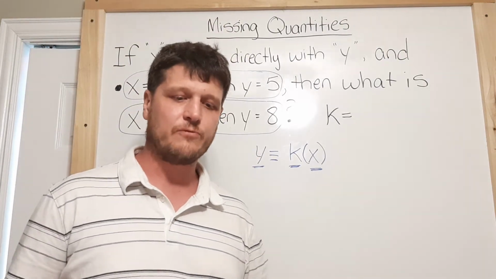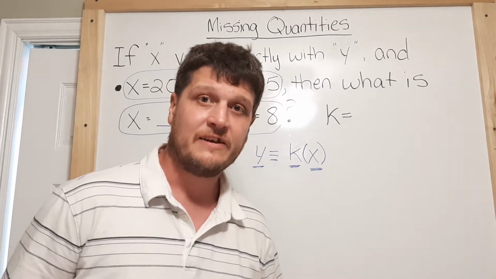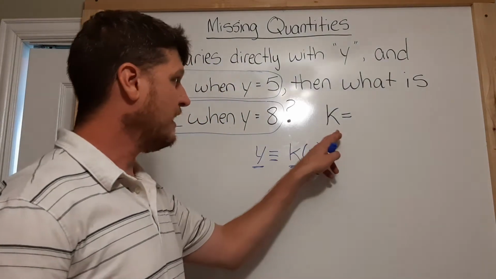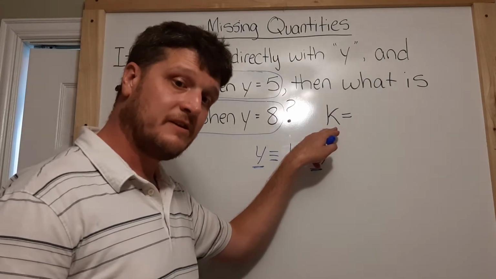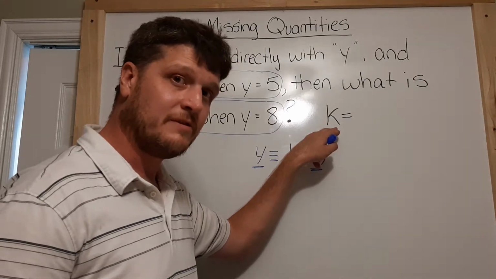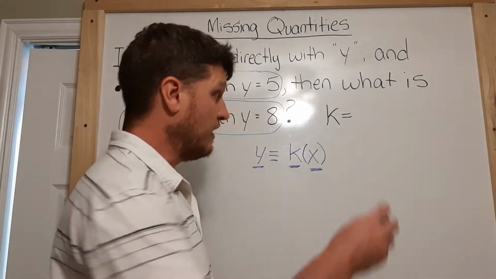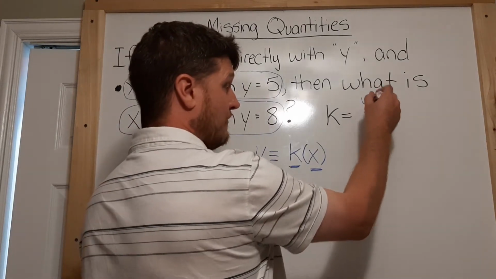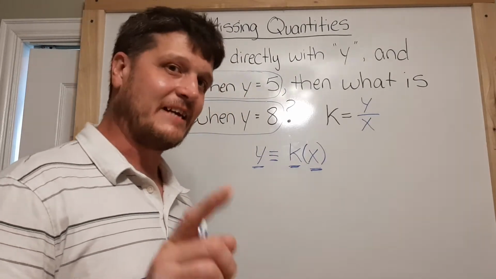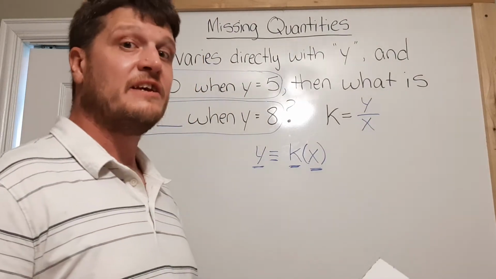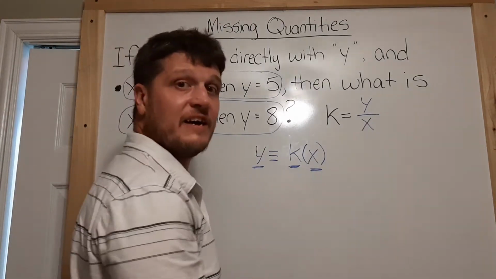Now we're going to go back in time just a little bit to your 6th and 7th grade math, when you talked about ratios and proportions. K is a ratio, and it is a ratio of the y variable over the x variable. K is the change in y over the change in x.